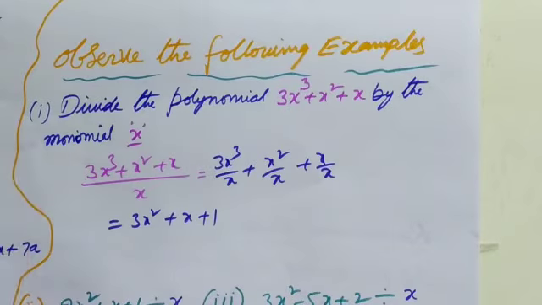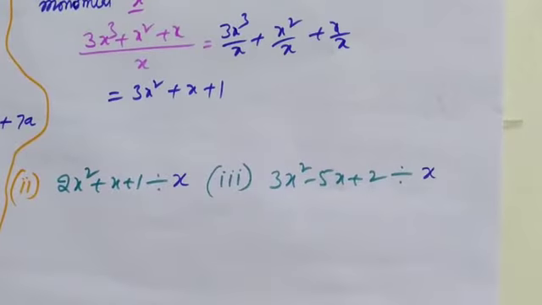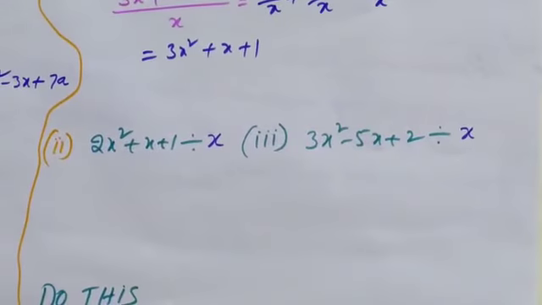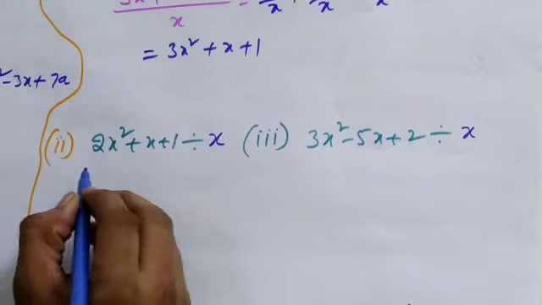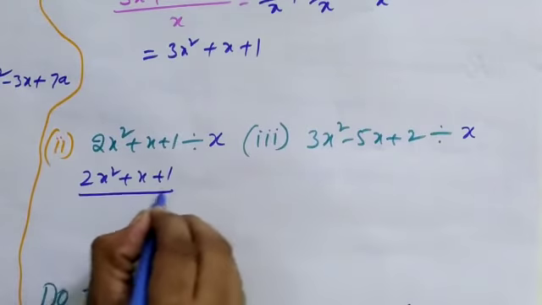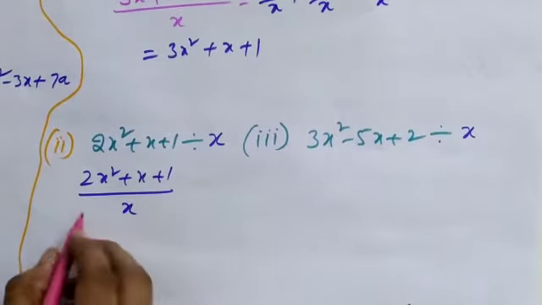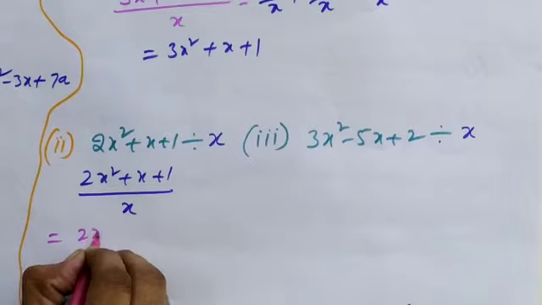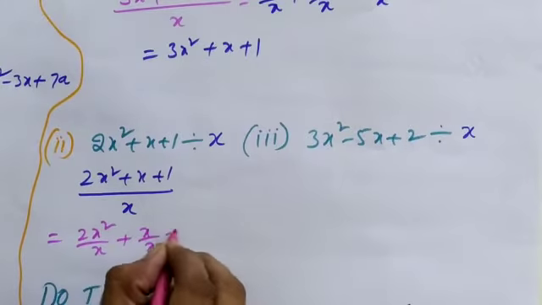One more example, second: 2x square plus x plus 1 divided by x. Do it individually: 2x square divided by x plus x by x plus 1 by x.